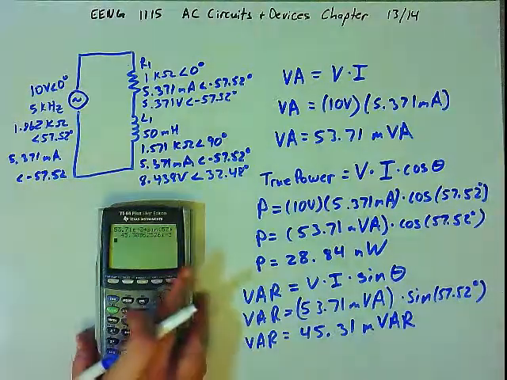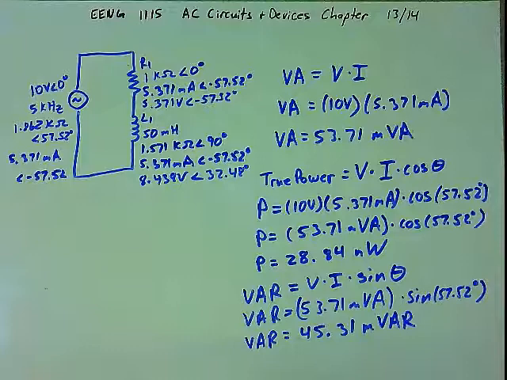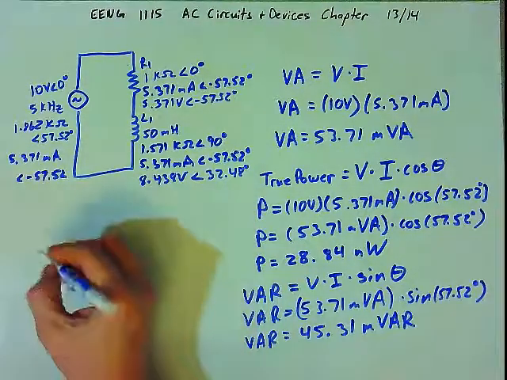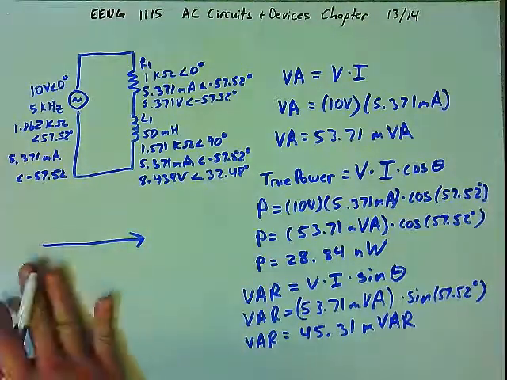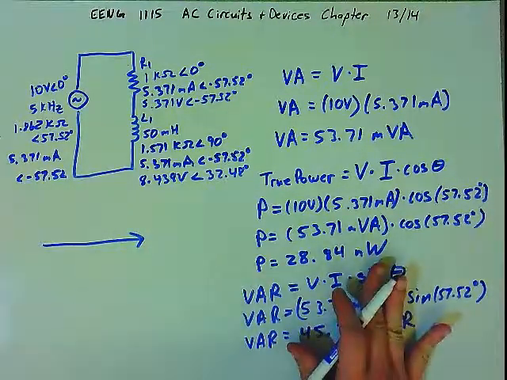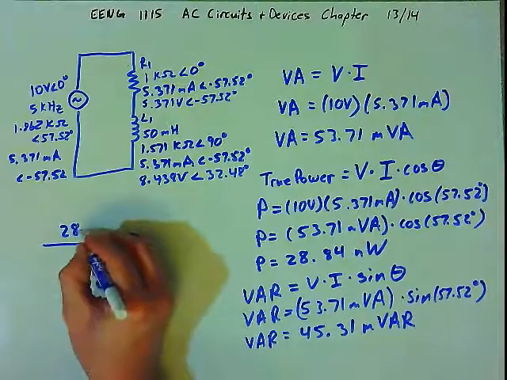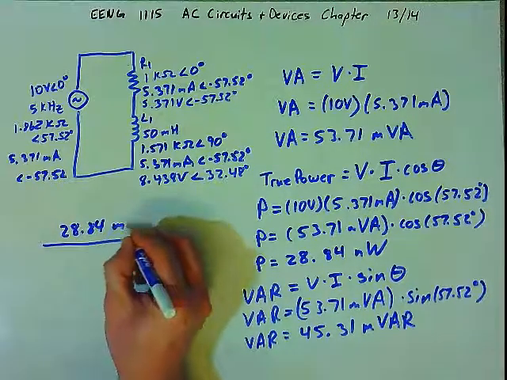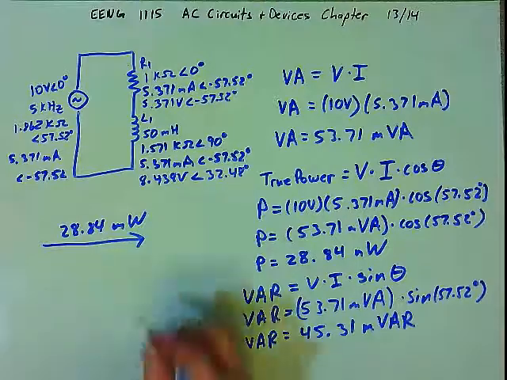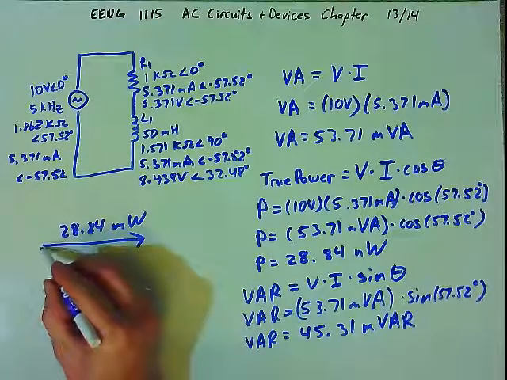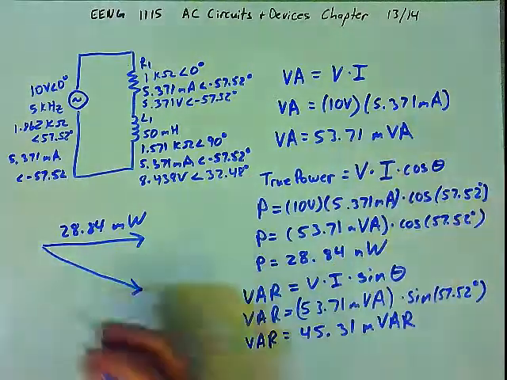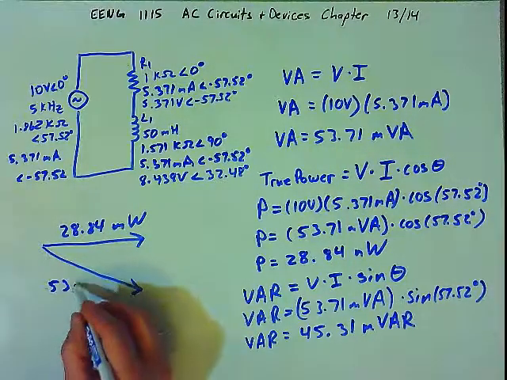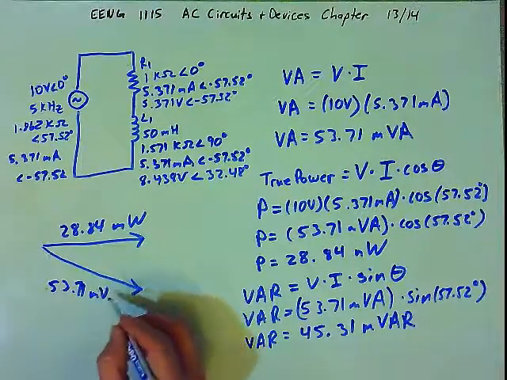Okay, and so again, if we look at these vectors, the true power is the actual wattage of the circuit. We have 28.84 milliwatts. And the volt amps is going to be the hypotenuse of this triangle, 53.71 millivolt amps.